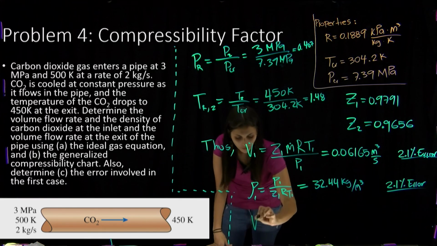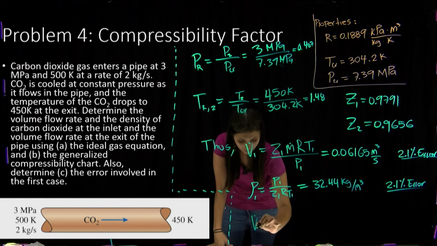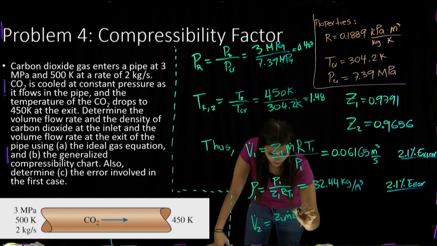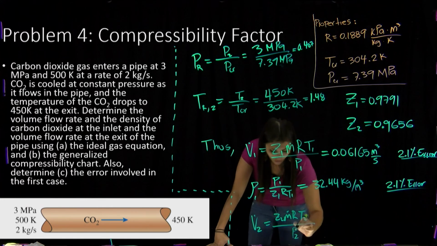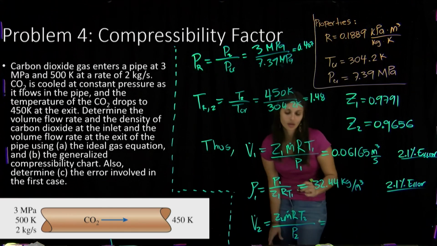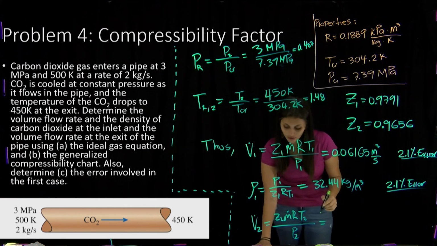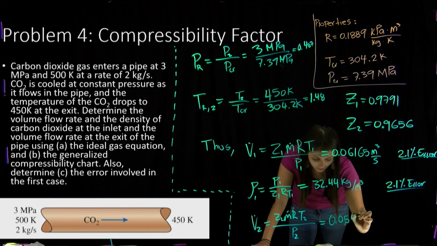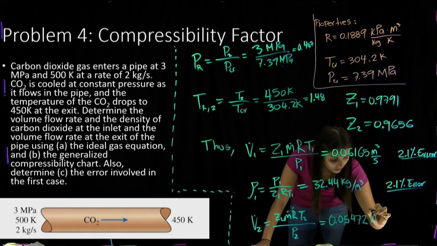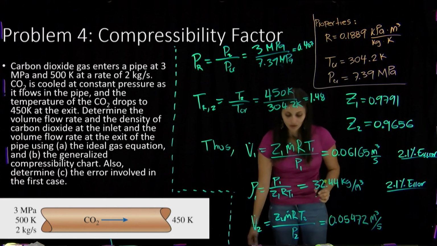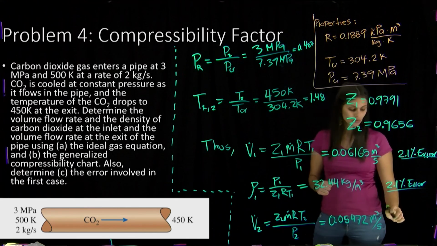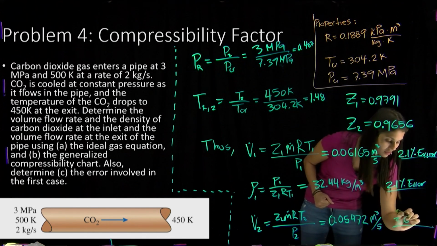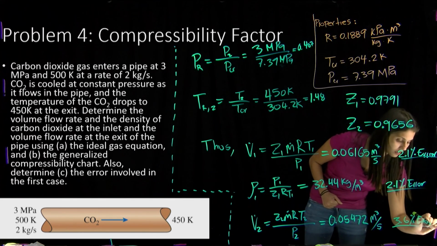And finally, for the volumetric flow rate at the outlet of the pipe, you have to use this factor over here, and this ends up being 0.05472 cubic meters per second, which when you compare with the answer that we obtained at the beginning by using the ideal gas equation, you will get a 3.6% error in the answer.